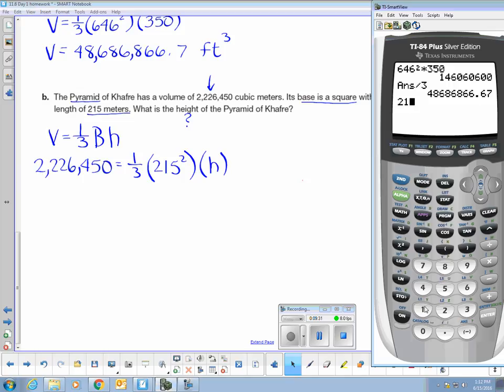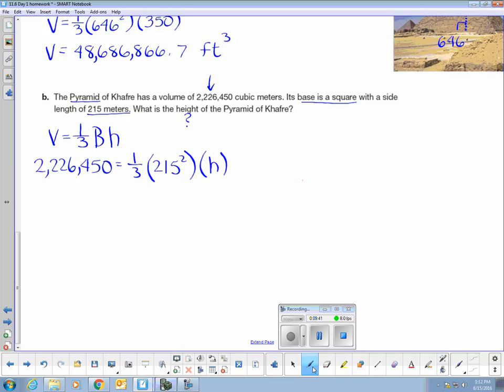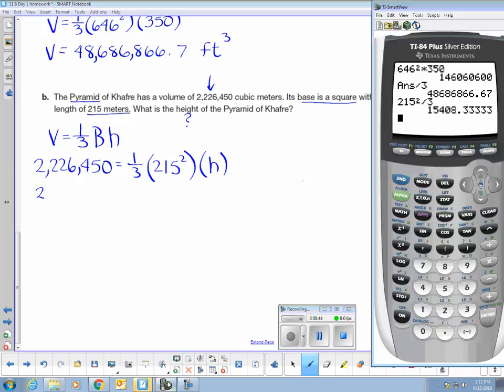So 215 squared divided by 3, 1/3 of that, times h. And then to solve for h, we're going to divide both sides by 15,408.3.